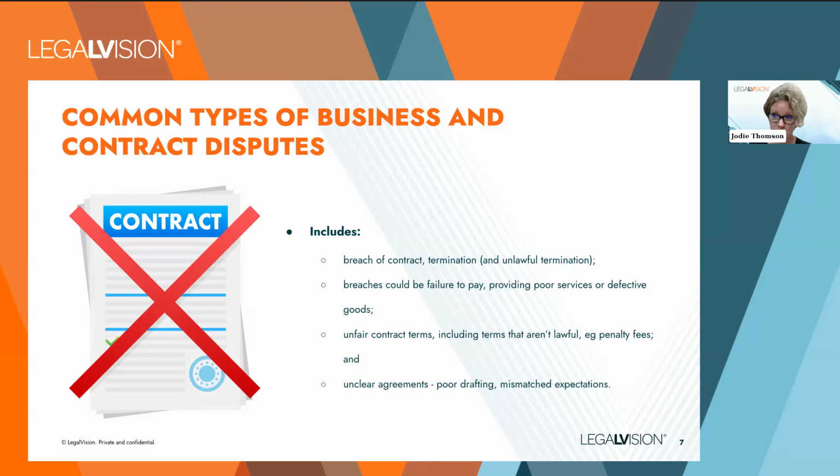The contract itself might have some unfair contract terms in it, and it might be unclear. So the parties might be in disagreement about what their agreement is in terms of what needs to be done, what was going to be agreed.